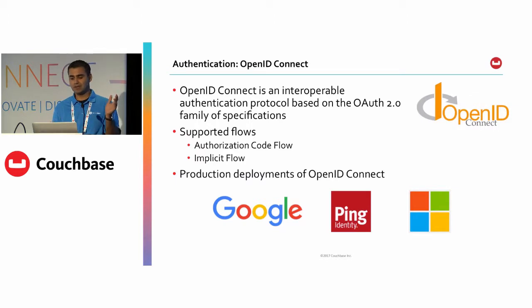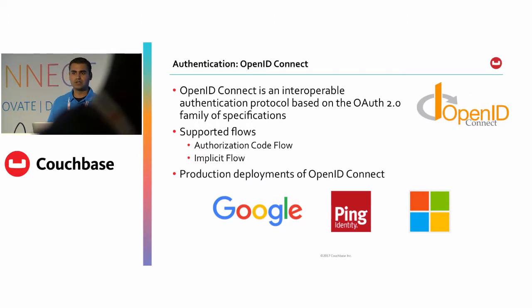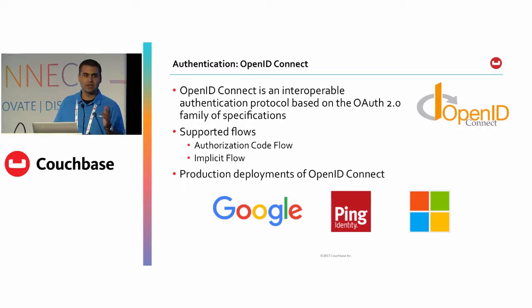But there's no standard method to provide any sort of identification information. So OpenID Connect is a protocol that extends the OAuth 2 specification and allows for access to the user's identity, basic profile information about the user.